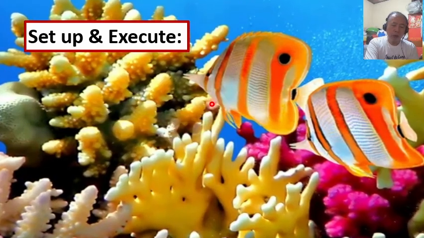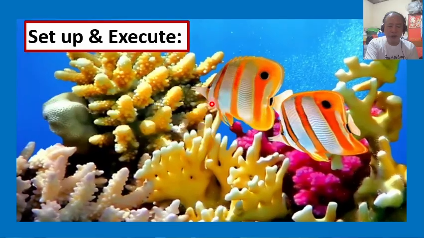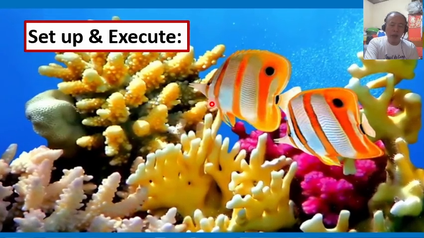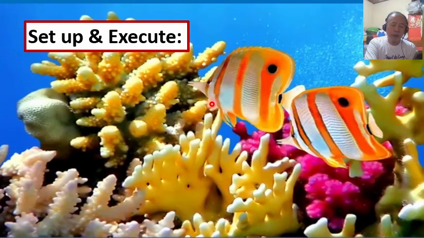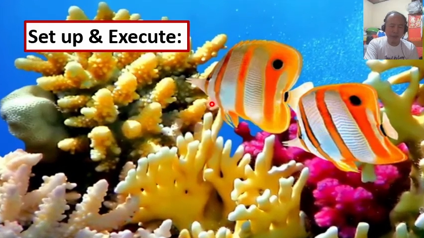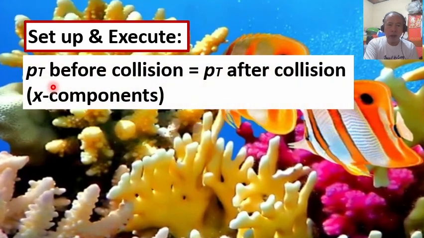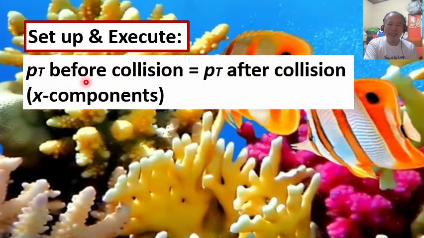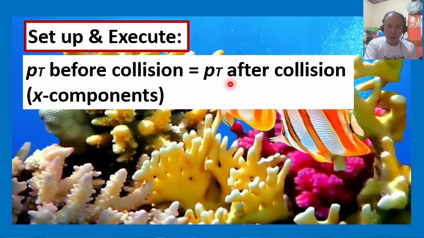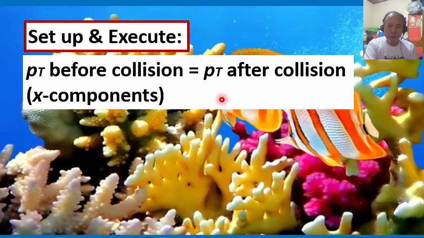So, we are assuming that the system is considered an isolated system where the law of linear momentum conservation applies. That is, the total momentum of the system before the collision equals the total momentum of the system after their collision.